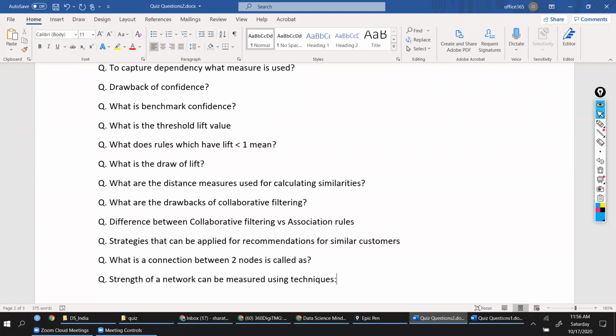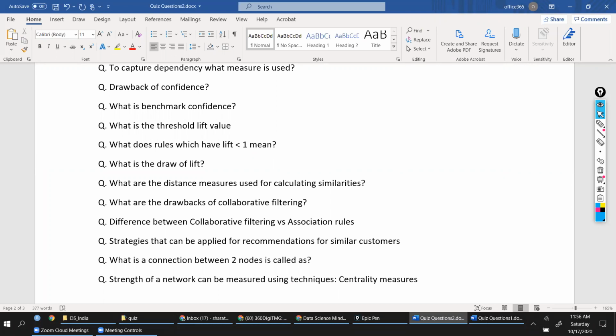PageRank, closeness centrality, betweenness centrality, very good. So we are looking at centrality. Betweenness centrality would be there, degree centrality would be there, closeness centrality. So centrality measures are used for measuring the strength of the network.